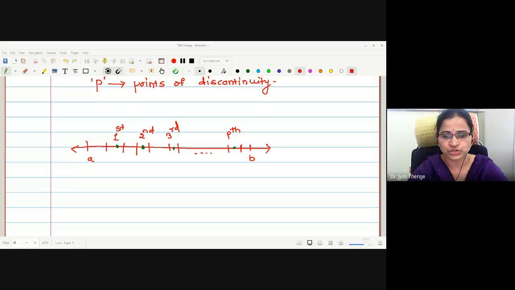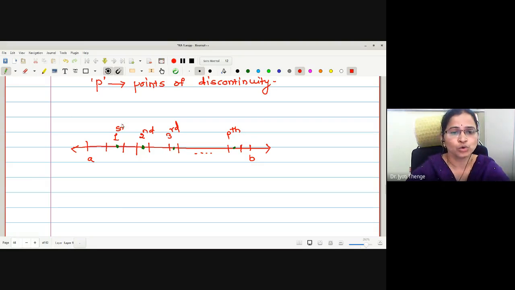Are you getting my question? There are p points of discontinuities. To cover the first point of discontinuity, we have plotted 2 points around it: 1 point to the left of the discontinuity, 1 point to the right, so that this first point of discontinuity gets covered in the interval. For the second, we have plotted 2 points. For the third, we have plotted 2 points. Therefore, how many points of discontinuities are there actually? P points.